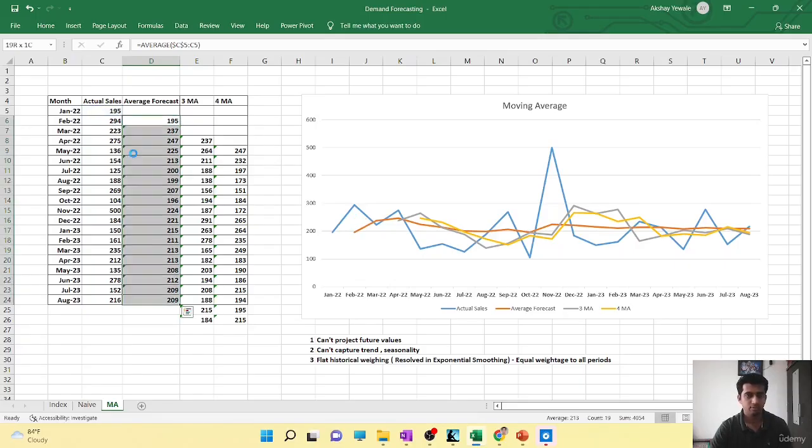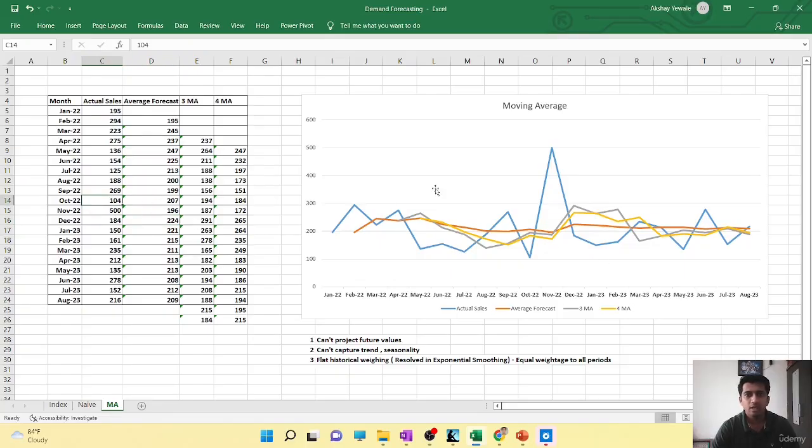Let me just show the formula. If you see, for March I have taken the average of Jan and Feb. Now in April I have taken the average of Jan, Feb, March. So any period you pick is going to be an average of all the previous periods. That's an average forecast.